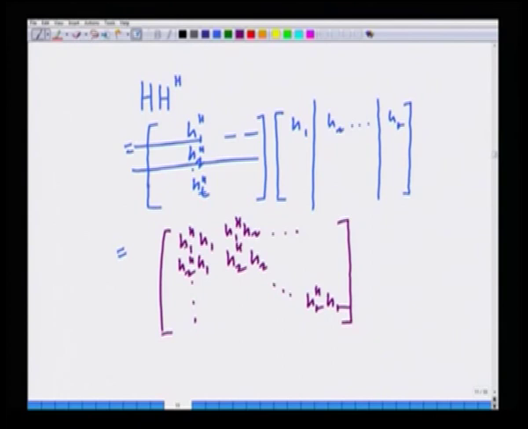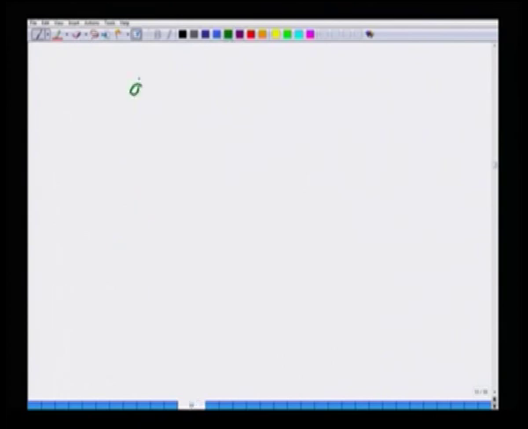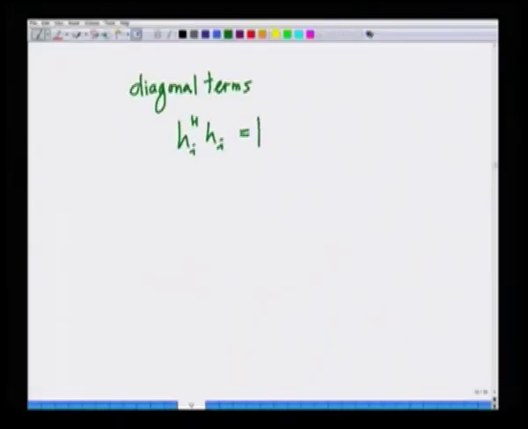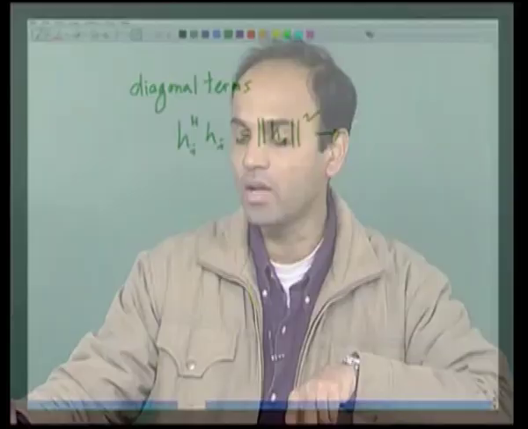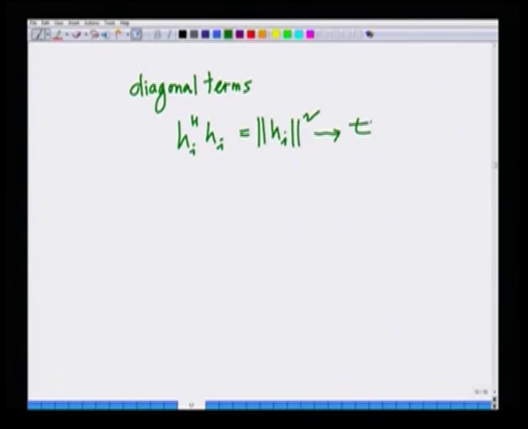Now, observe each of these diagonal terms, that is, look at the diagonal terms. They are Hi Hermitian Hi, which is simply the dot product of each row with itself, and this is equal to norm Hi squared, that is the norm of a vector of length T, all right, and this tends to, remember we assumed that each coefficient has average power 1, so this tends to T, all right.